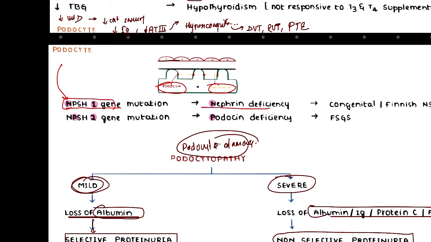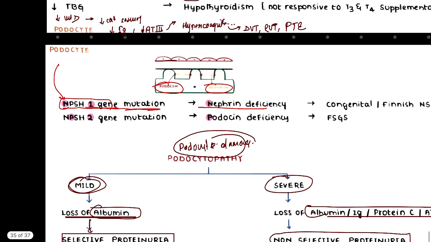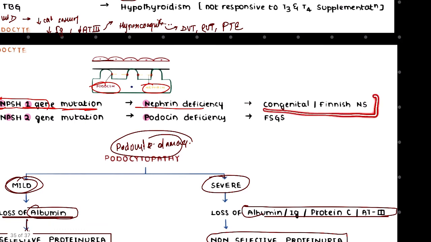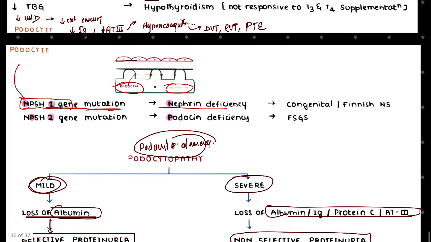If there is a mutation in the NPHS1 gene, there will be nephrin deficiency, and that is congenital or Finnish nephrotic syndrome. Similarly, NPHS2 gene mutation is related with podocin deficiency, and there will be focal segmental glomerulosclerosis, which will be studied in detail in the next discussion.